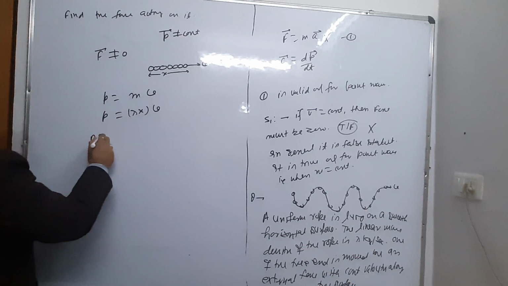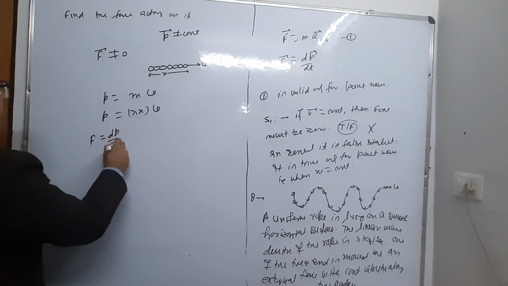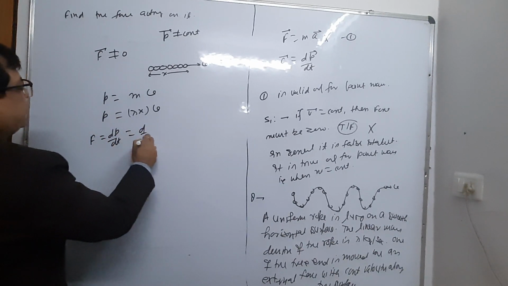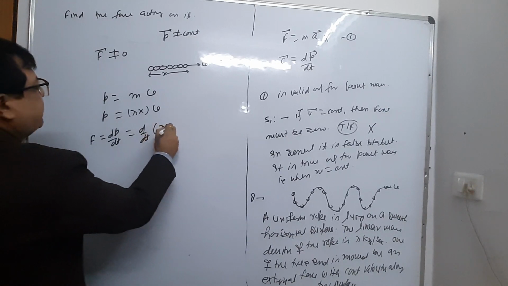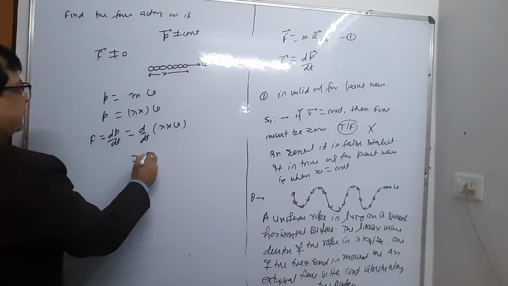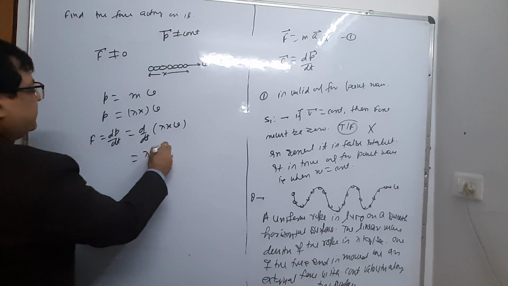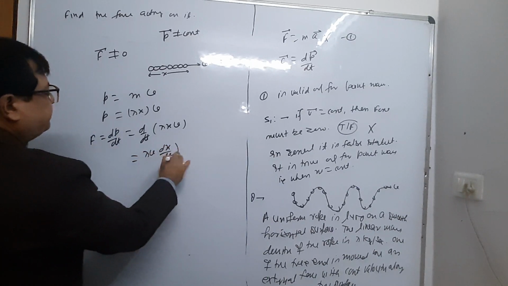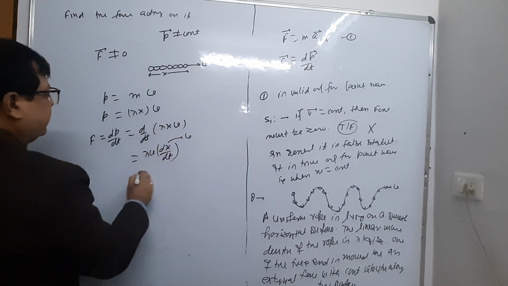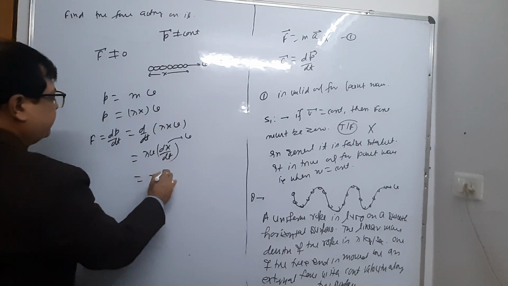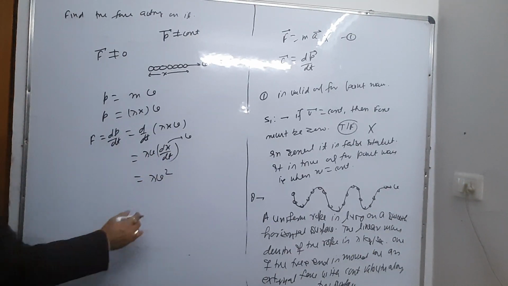So F is dp by dt. This is d by dt of lambda x v, so this is lambda v dx by dt. This is your v. So this is your lambda v square, which is not 0.